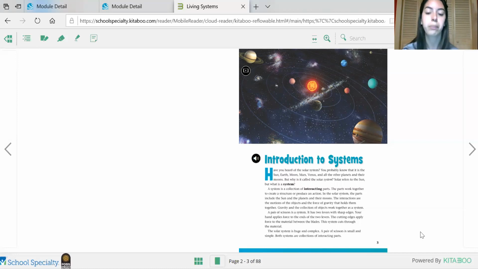It's a big example of a system. And a pair of scissors is small and simple, but it's also an example of a system. Both systems are collections of interacting parts. So in order to call something a system, it needs to be something that has different parts that work together to do something.